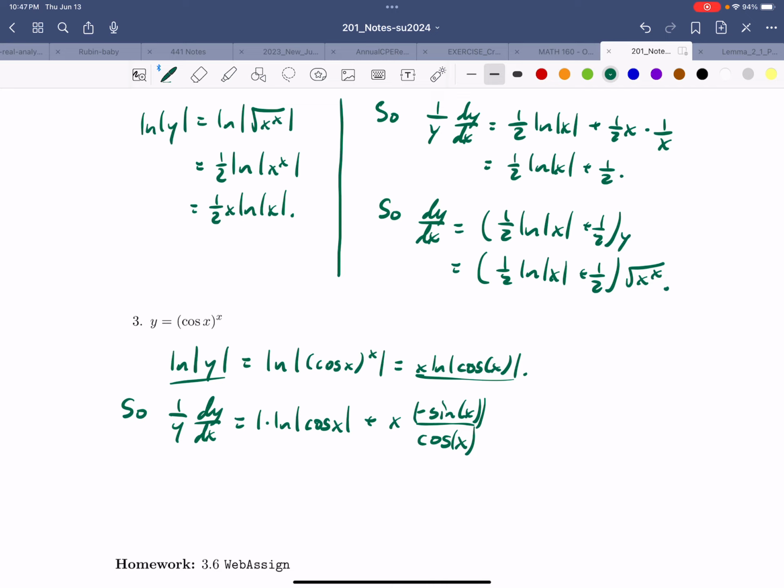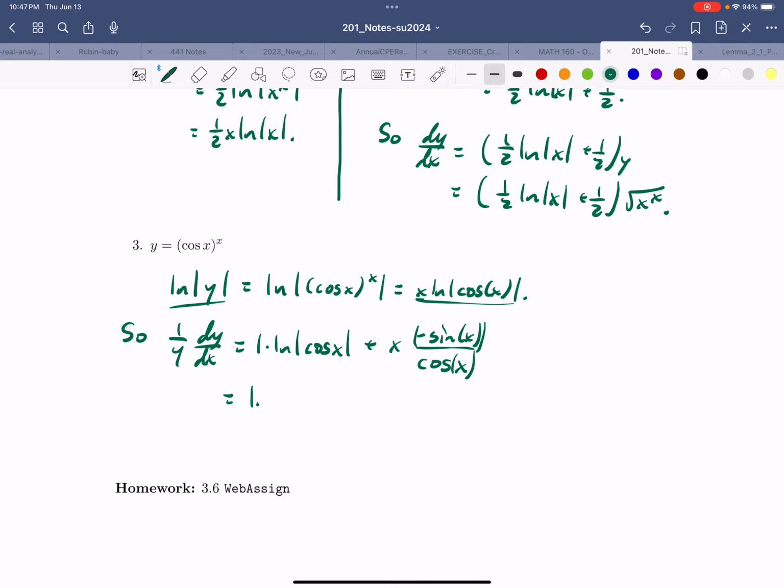So I guess that's going to equal, if we simplify this out, well, I'm just going to write this as x tangent of x.